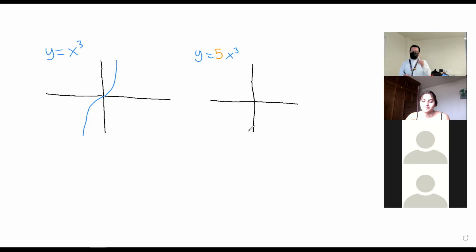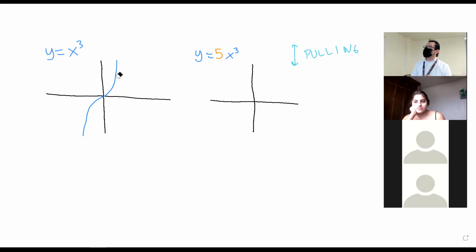Well, imagine that we are pulling the function vertically. Pulling it vertically only means that it's going to try to get closer to the y-axis. I'm going to exaggerate this a bit more, just so it's clearer.